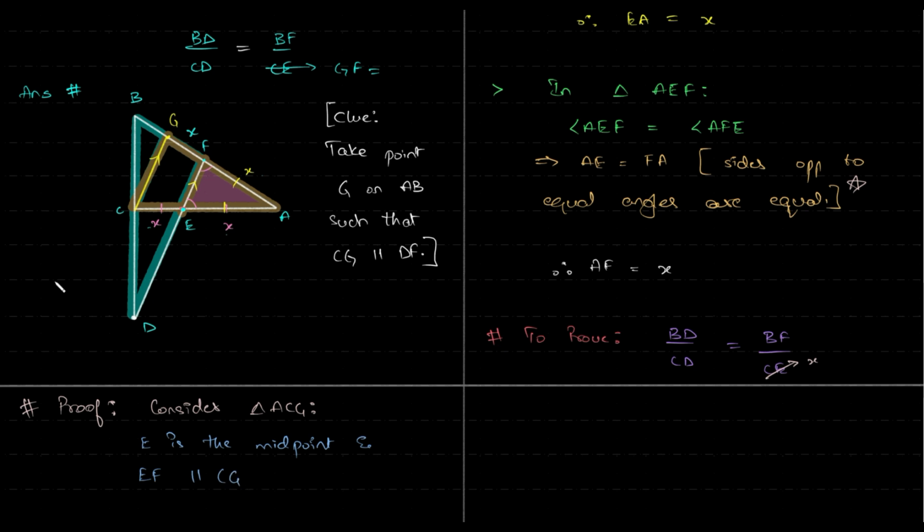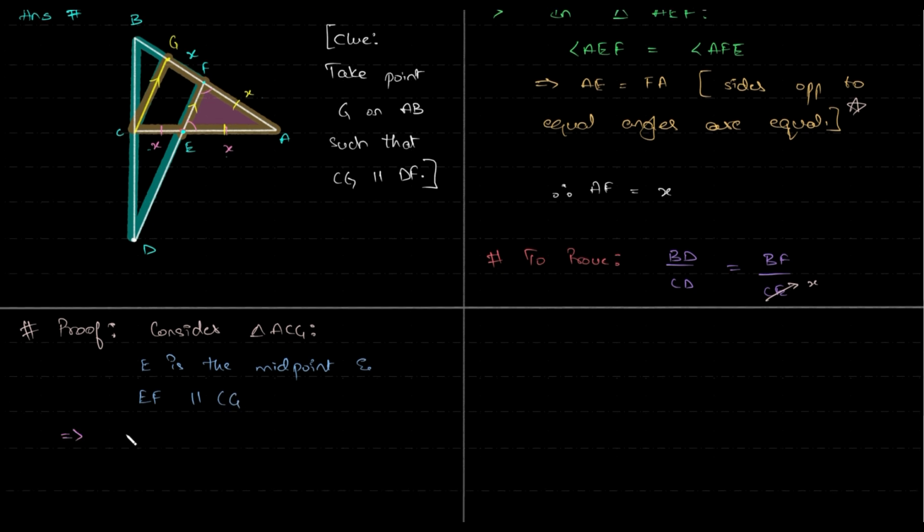So with all of this information, what can you infer? From this we can infer that F is the midpoint of AG. And who is going to support us with this?